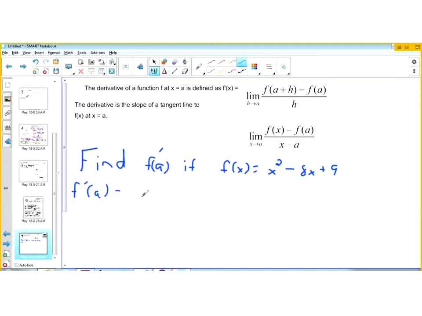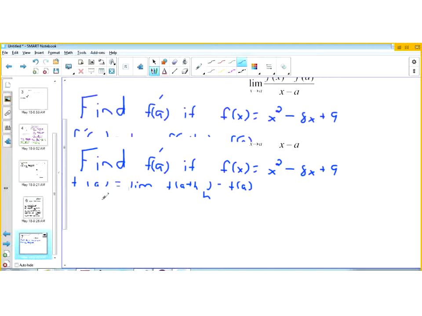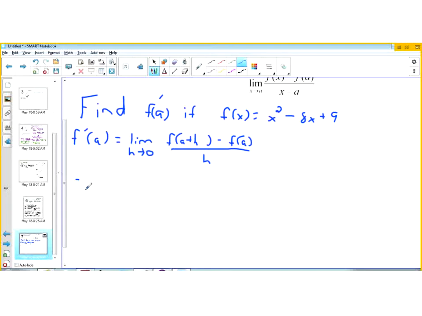We can use the difference quotient technique. f prime of a is equal to the limit as h approaches 0 of f of a plus h minus f of a, divided by h. I assume that you're confident with composition, because we have to compose f with a plus h in evaluating this difference quotient.